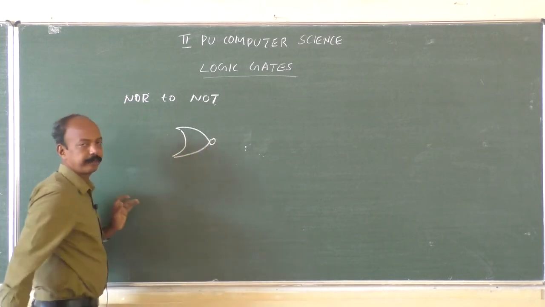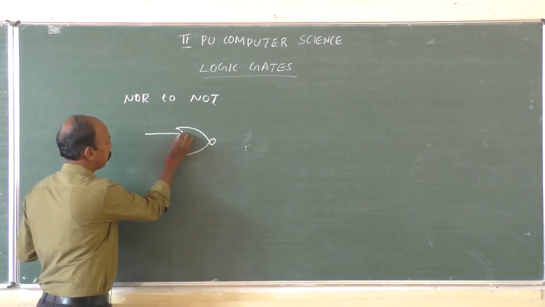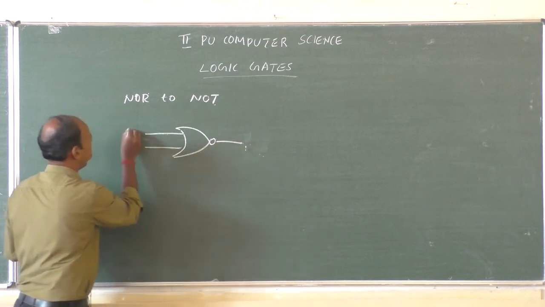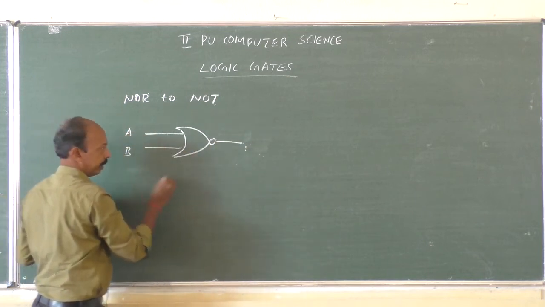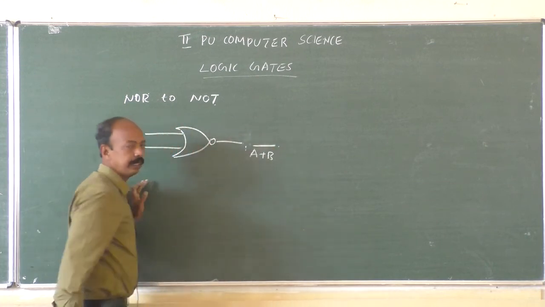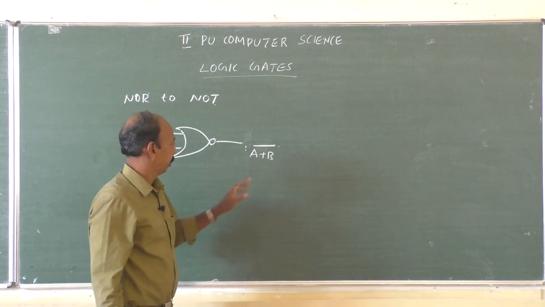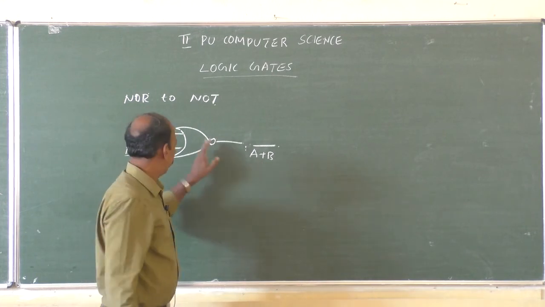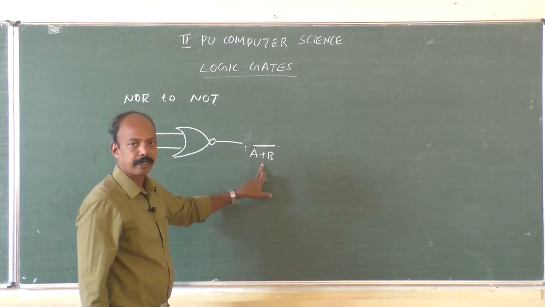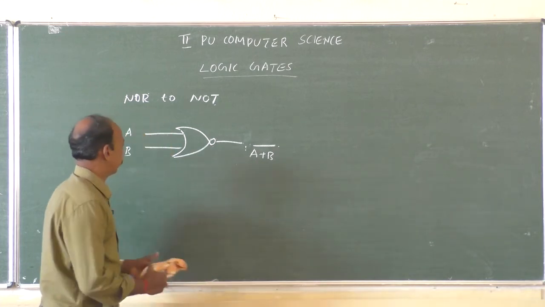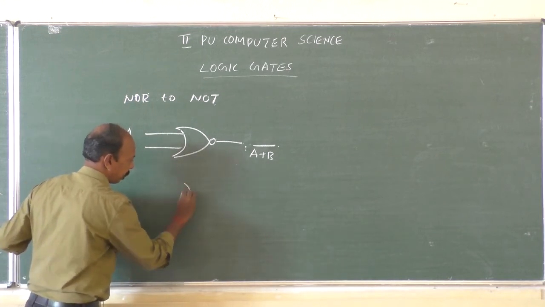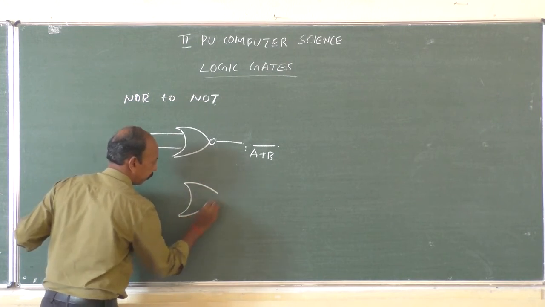This is the NOR gate. The minimum number of inputs is 2, isn't it? If this is A and this is B, in general we write (A plus B) whole bar. This is the NOR gate. Or this is OR, and its complement will be NOR, isn't it? Now in this case we are following the same.